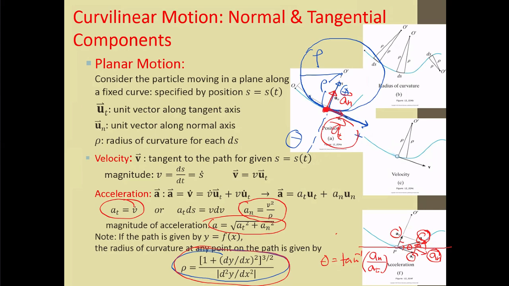A common mistake is that you give simply this angle. That is the angle between tangential and total acceleration. I ask for the angle, let me use a different one. Let's do this one. This is a sub t. Normal acceleration is this. And total acceleration is this. I'm going to ask you to find the angle for total acceleration counterclockwise from the horizontal. This is horizontal. I want to find this angle.